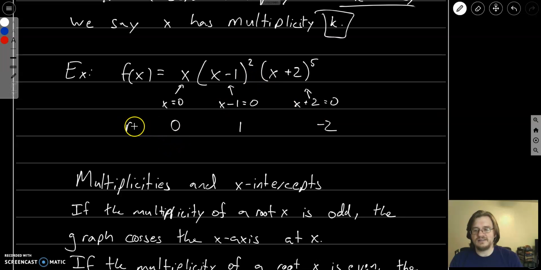And if these are my roots, also known as zeros, what are the multiplicities? Well, 0 happens once, because this is just x to the first power. x minus 1 happens twice. And negative 2 is going to happen 5 times, because that's the power here.